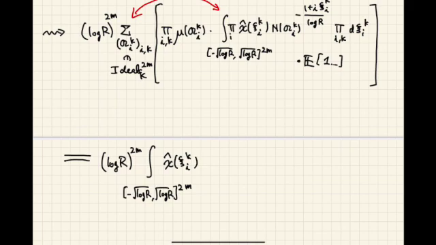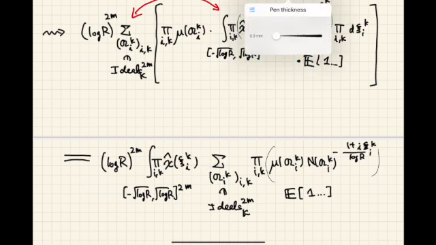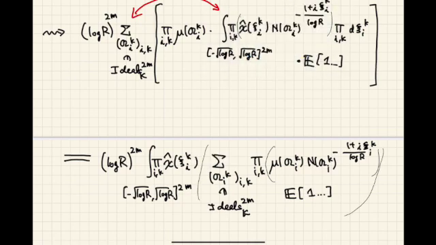Should have written here. And next comes the sum with the Möbius function and the norm, and we have the expectation part. And we integrate this whole thing.